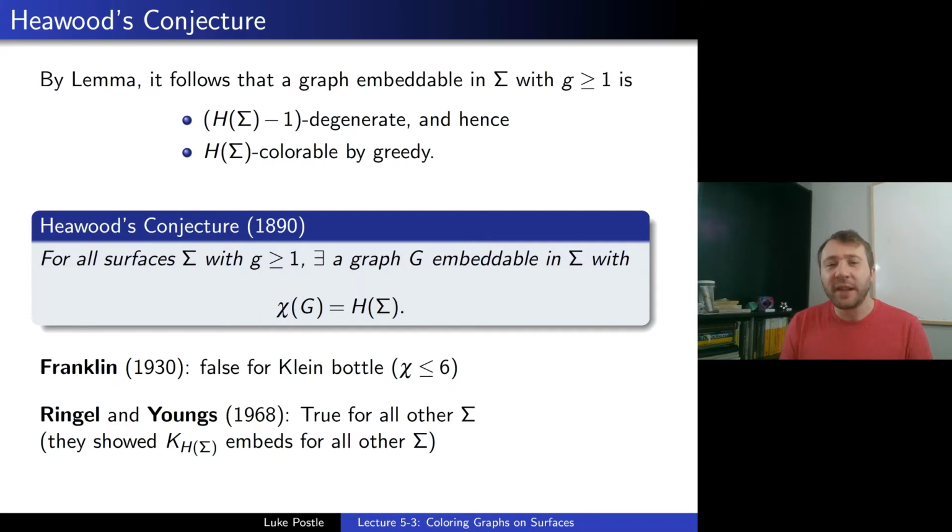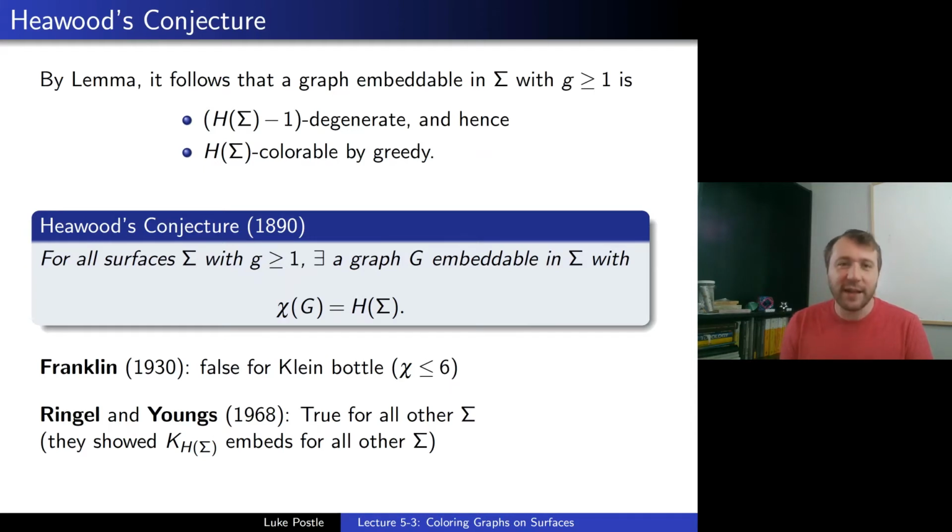Eventually, in 1968, this decade's worth of work was completed, in which they had done all the cases. And so it's attributed to them in 1968. The Ringel-Youngs theorem is what it would now be called, proving Heawood's conjecture. Of course, except for the Klein bottle, which is just a strange fact of life, that the Klein bottle is somehow this grand exception.